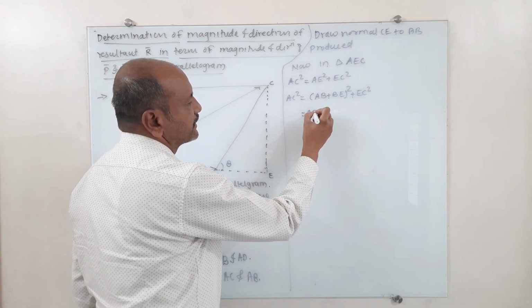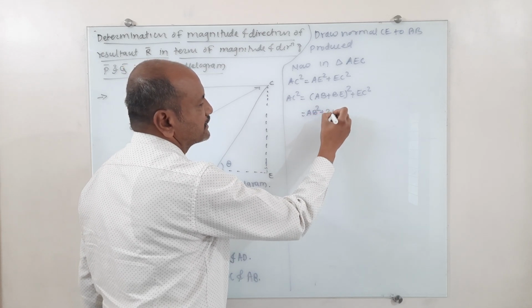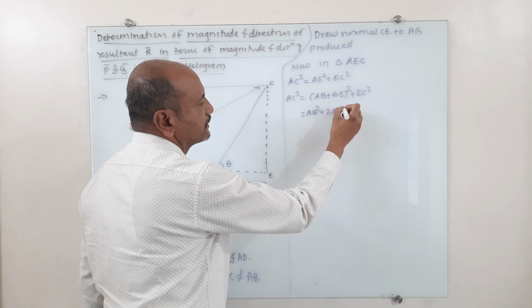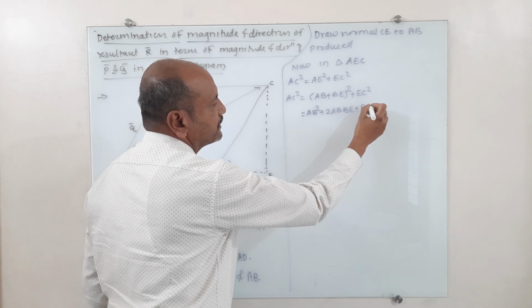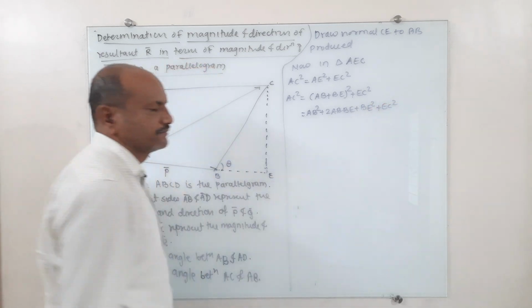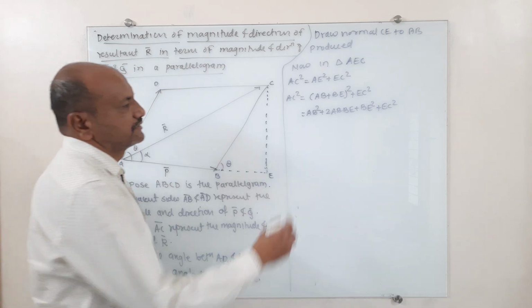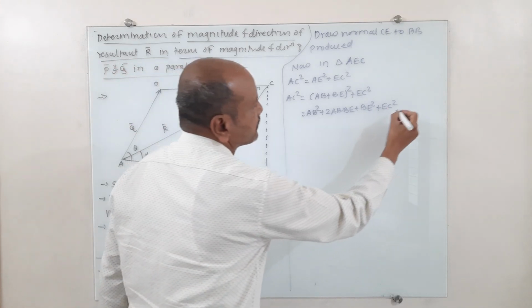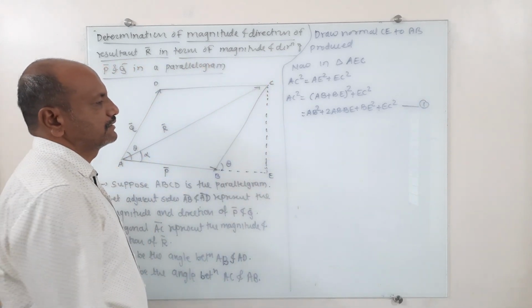We get AB square plus twice AB BE plus BE square plus EC square. This is equation number 1.